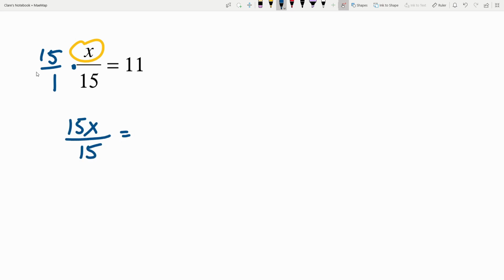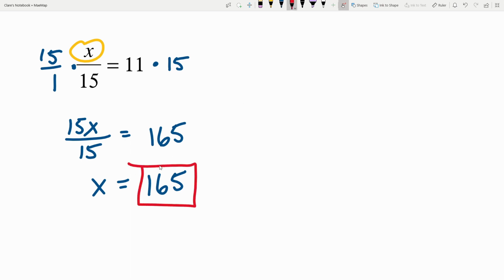And whatever I do to the left, I need to do to the right. So because I multiplied by 15 over 1, that's the same as multiplying by 15. So 11 times 15 is 165. So x is going to be equal to 165 because 15x divided by 15 is 1 times x, or x divided by 1, which is x. So 165 is our solution for number 27.